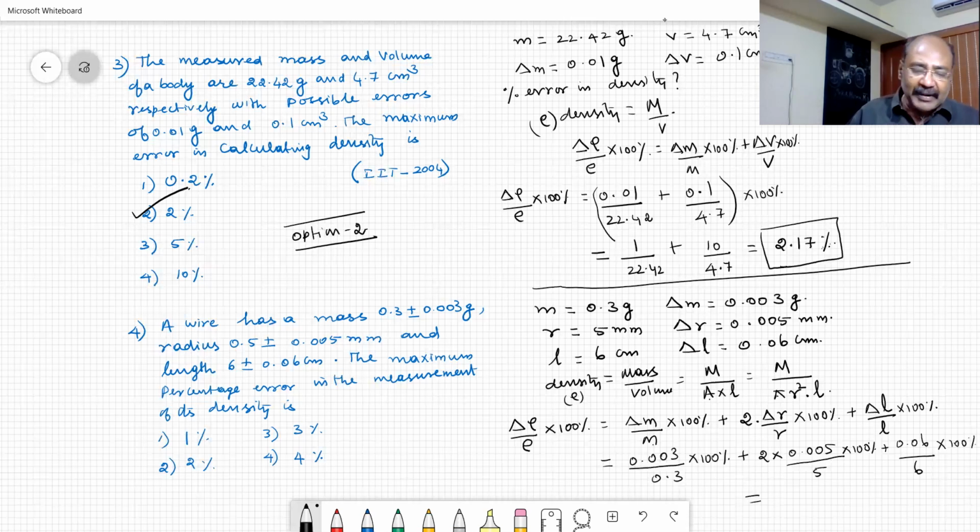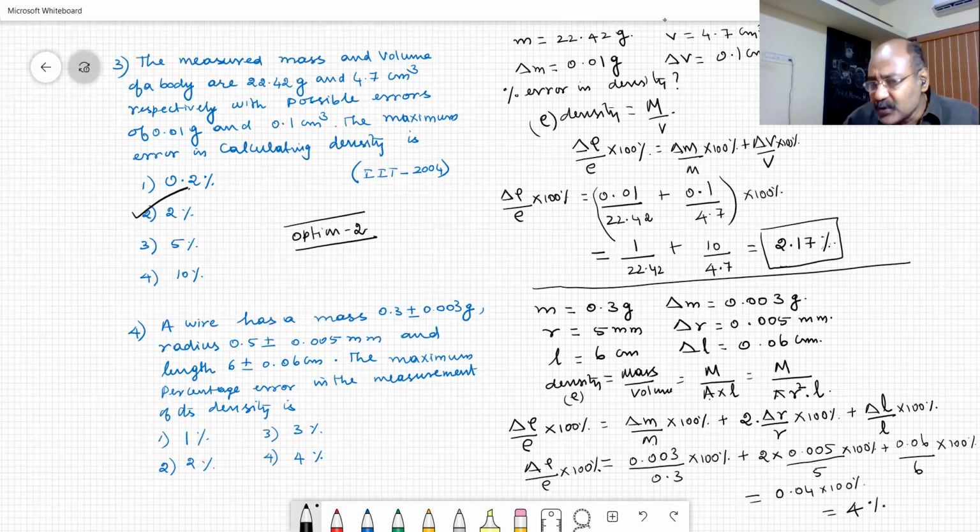On simplifying this, you will get the answer as 0.04 into 100%. So the final answer is taken to be 4%. Beyond this, it is your lookout: delta rho divided by rho into 100%.